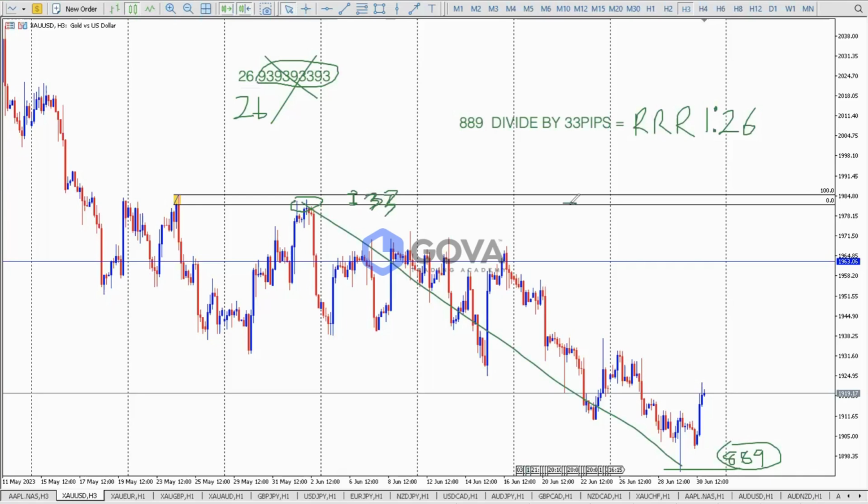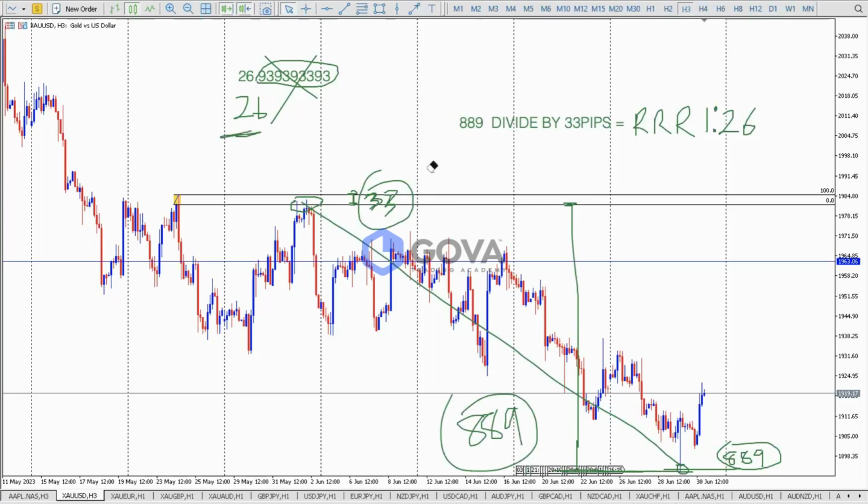From this area all the way down to this area, remember, the market came down all the way here, so this area is 889 pips. So we divided the two figures together, this figure and this 33 figure, and we got 26.